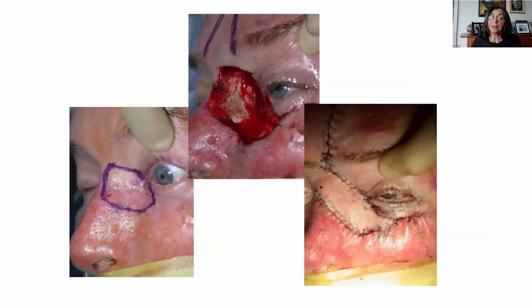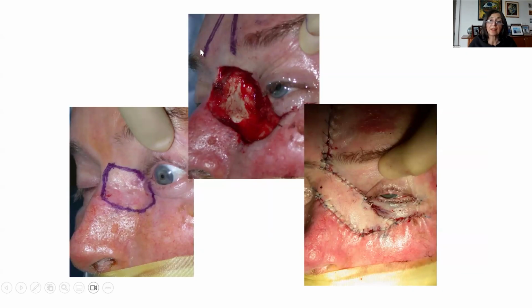In the medial canthal area, a very nice option for repair is what we call a glabellar flap. This is a flap. It's a random flap in the sense that it does not have a blood vessel that is dissected with it. And it basically is recruited from the glabellar area.